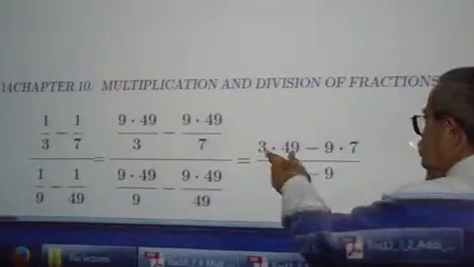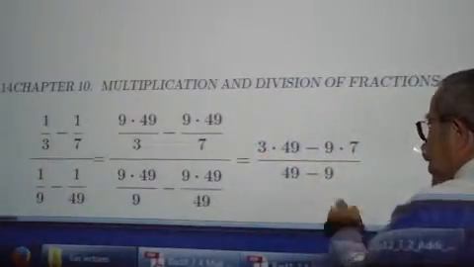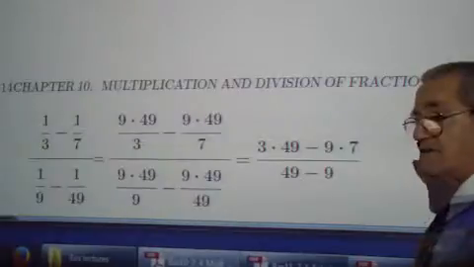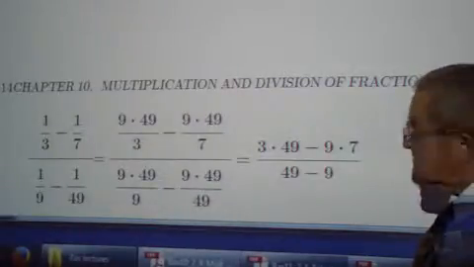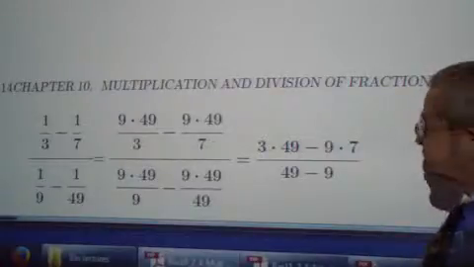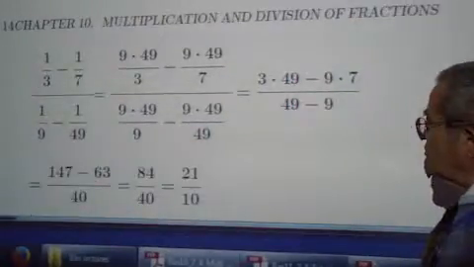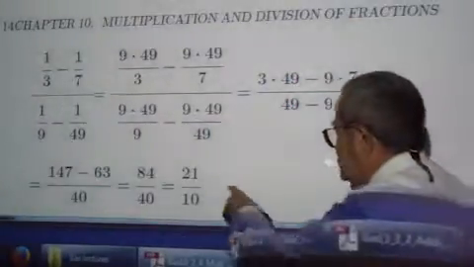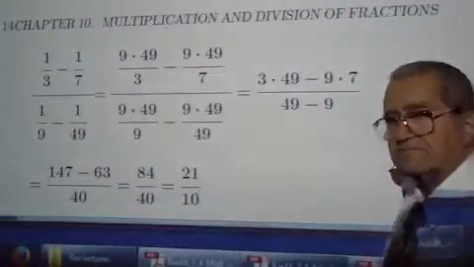You should get 3 times 49 minus 9 times 7 over 49 minus 9. Yes? No? Okay. Which is supposed to end up with 21 over 10.